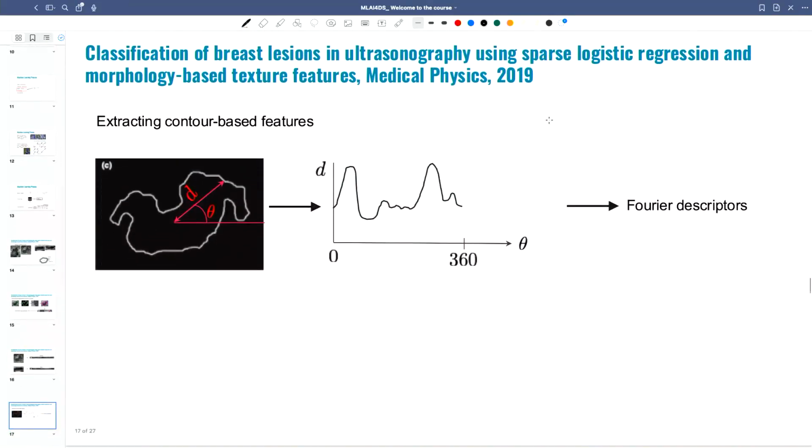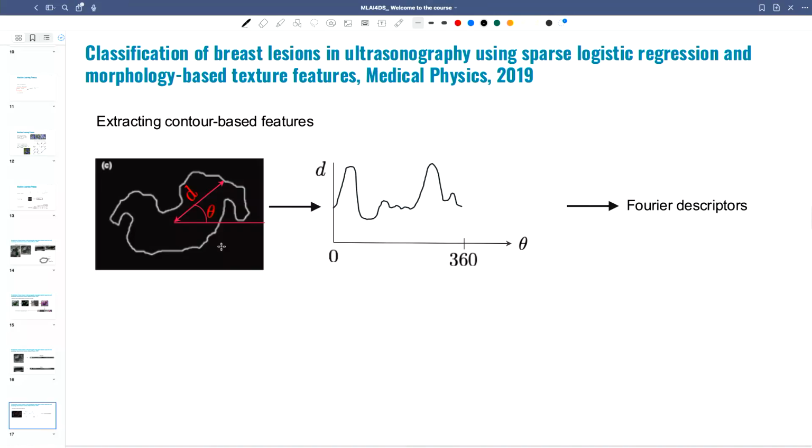The other thing was, because we have killed the shape in the previous step, we wanted to have a look at the shape features as well. So imagine that this is the contour of the tumor.